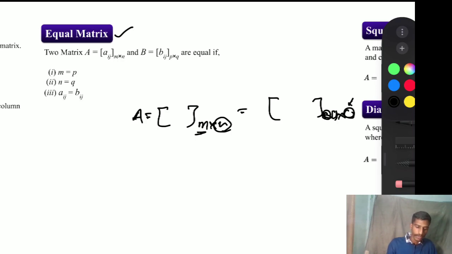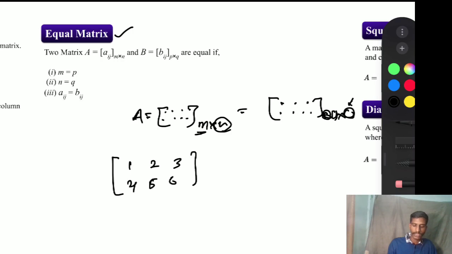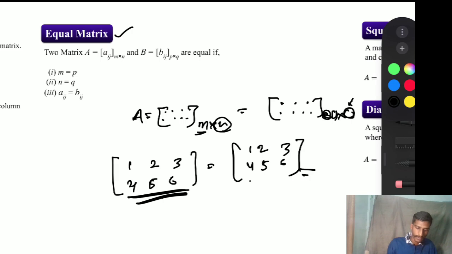The second condition is that the elements are equal, like the numbers are the same. For example, 1 2 3 4 5 6 and here 1 2 3 4 5 6, then these two matrices are equal.